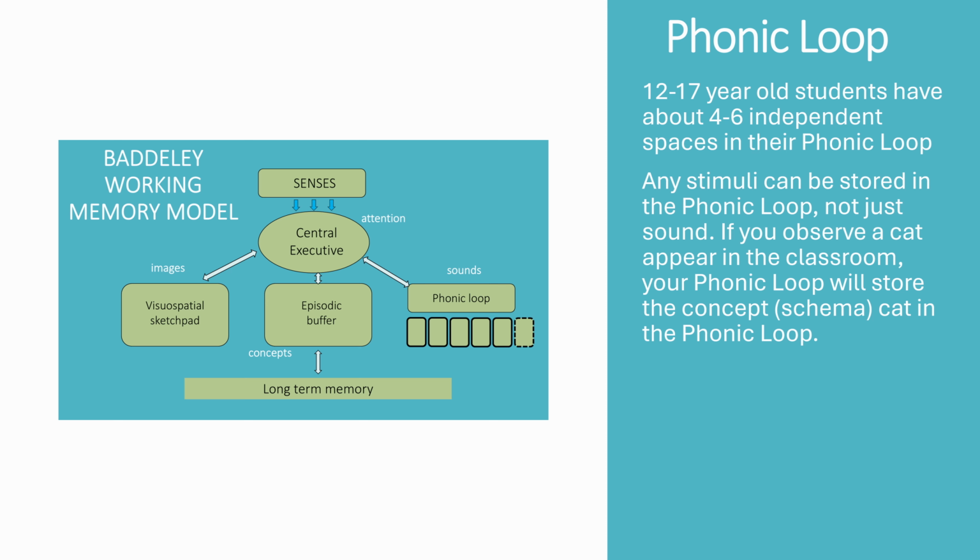And of course, sounds can fill up a space, a bang, a bell, a word, some music. So our phonic loop is keyed to pick up and store all these wee concepts that we already know, either from our long-term memory or new sounds that we're just hearing that we might associate.